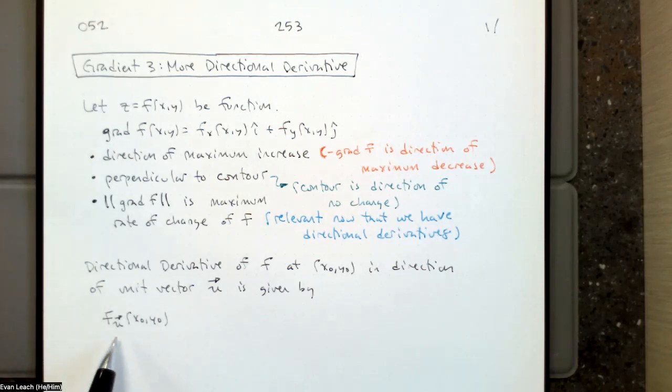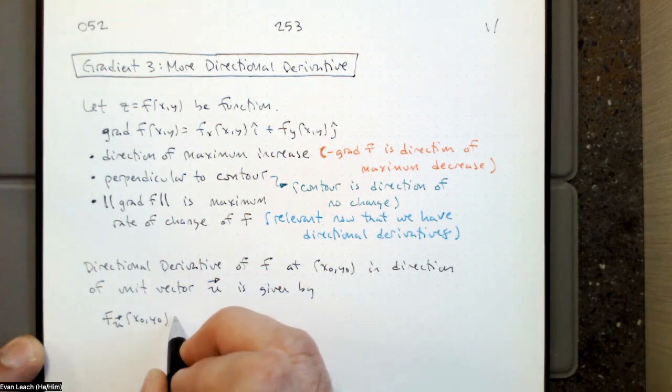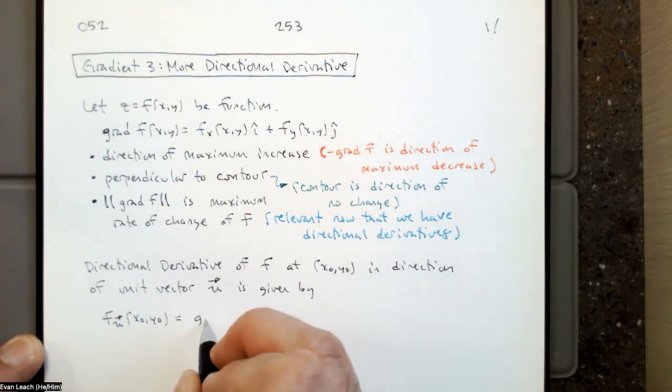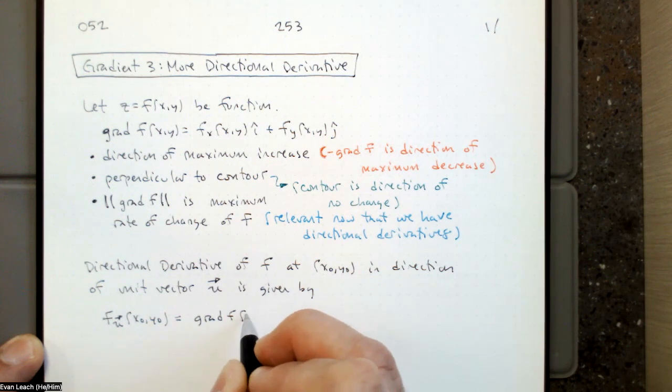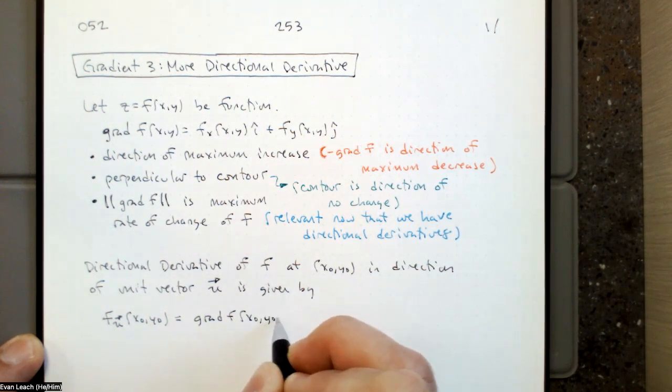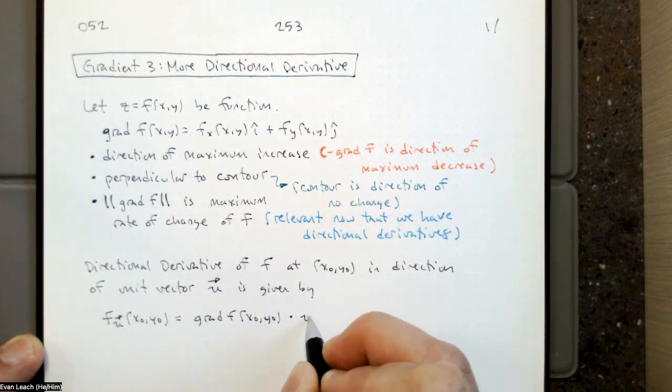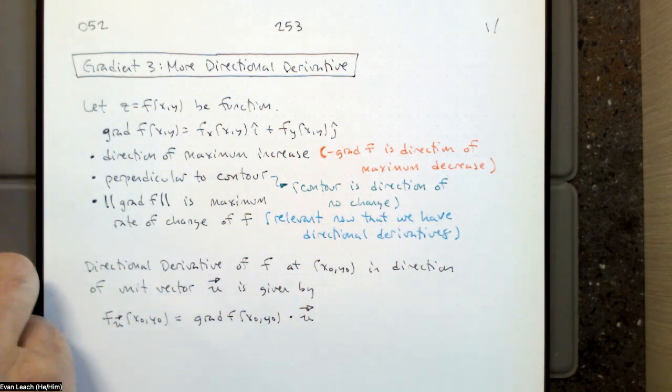So f_u will be the rate of change of f in the u direction. But we have to remember that u is a unit vector. And we'll just take the dot product of the gradient at the point and our direction vector u.